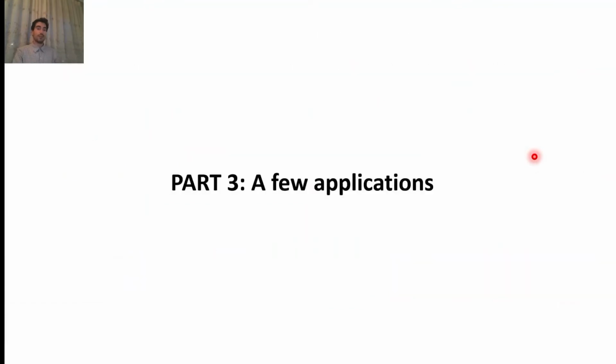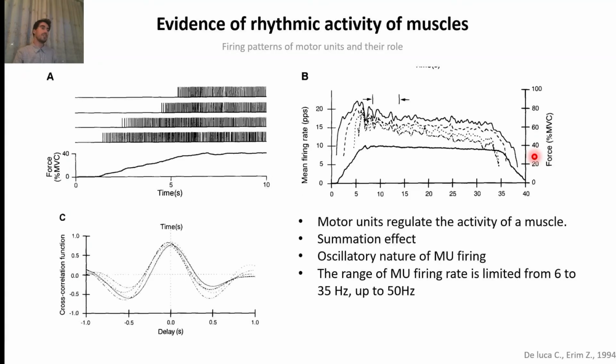Then let's go to the applications. This is not properly an application, but it's a work from 1994 by De Luca that is, I think, relevant because they discovered that the range of motor unit firing rate is limited from 6 to 35 Hertz or up to 50 Hertz.